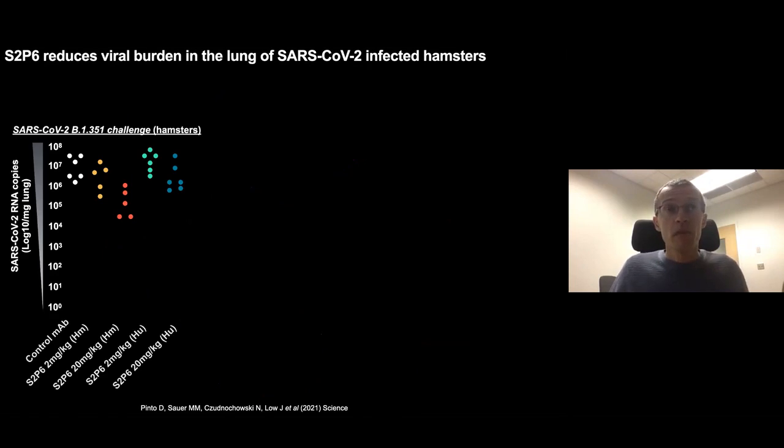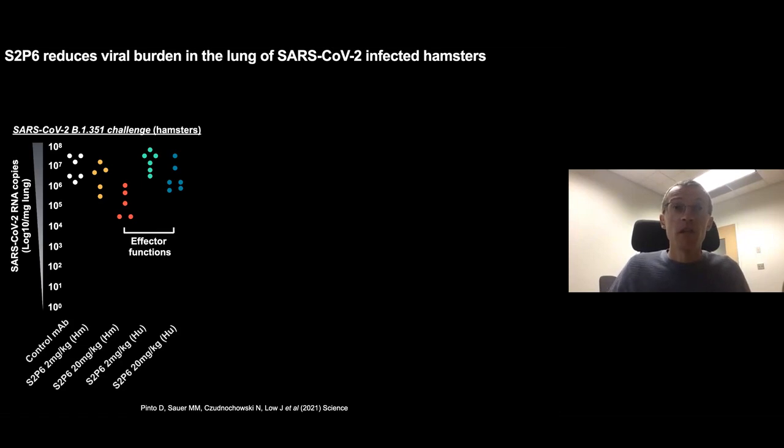In the same hamster challenge model, we looked at viral loads upon challenge using either the antibody with a human sequence, a human backbone labeled HU, or with a hamster backbone, which will allow engagement of hamster Fc gamma receptor.